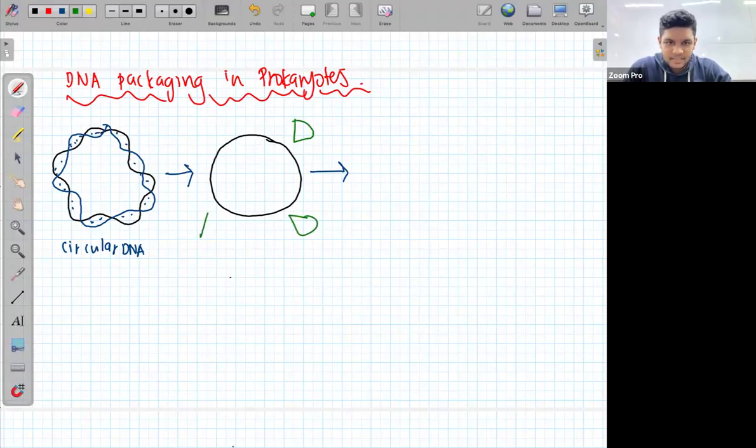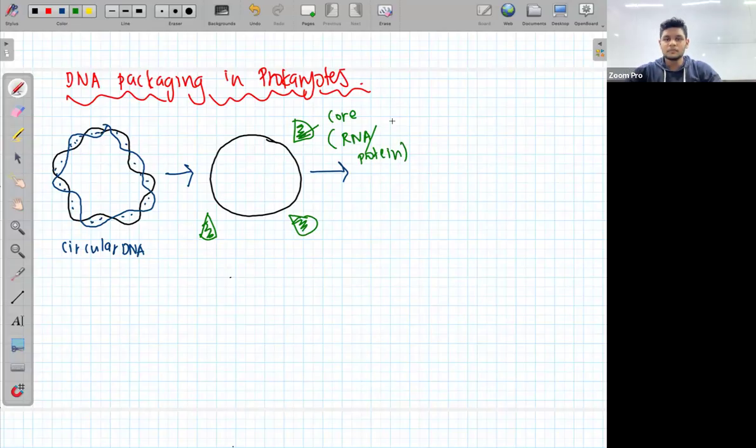Just think it has a shape like these green parts. This is the core. The resource book says this core is made up of RNA and protein. Clear? The core is made up of RNA and protein.